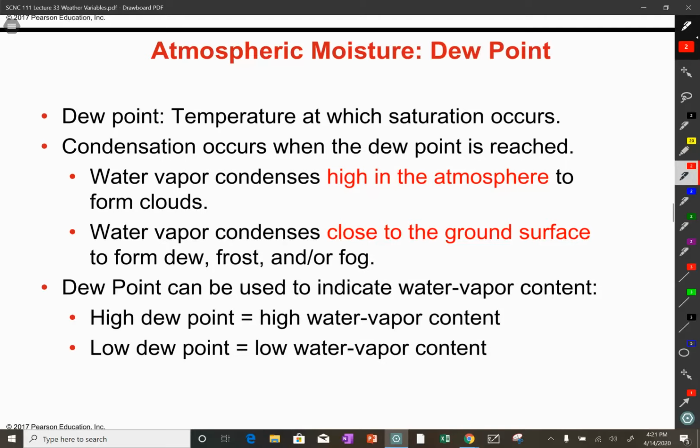But when you reach the dew point, if you go below the dew point, you're going to have massive condensation. If you go above the dew point, then you're going to have more evaporation than you have condensation. If the temperature is below the dew point, then you're going to have more condensation. If the temperature is above the dew point, you're going to have more evaporation.